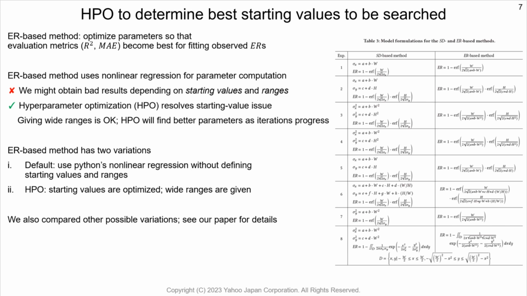Hyperparameter optimization (HPO) can solve the starting value problem, which iteratively searches for better parameters. And giving extremely wide ranges for the parameters is sufficient, because HPO will find better parameters as the iterations progress. So we compared two variations of the ER-based method. One is using the default setting of Python's nonlinear regression, and the other is using HPO.